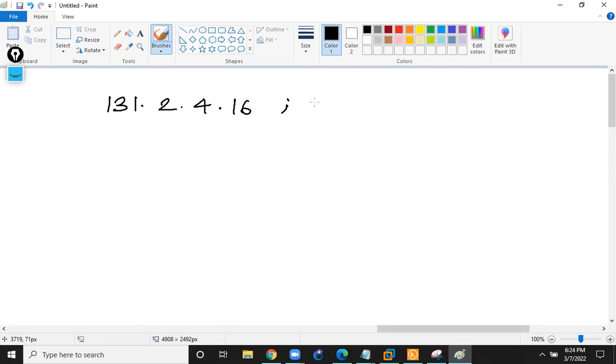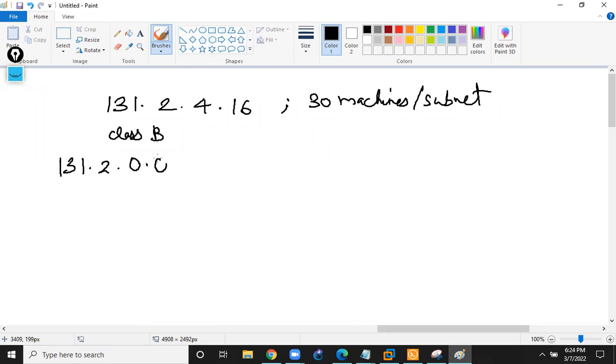Suppose the requirement is 30 machines per subnet. This is class B. What is the network address here? 131 dot 2 dot 0 dot 0.